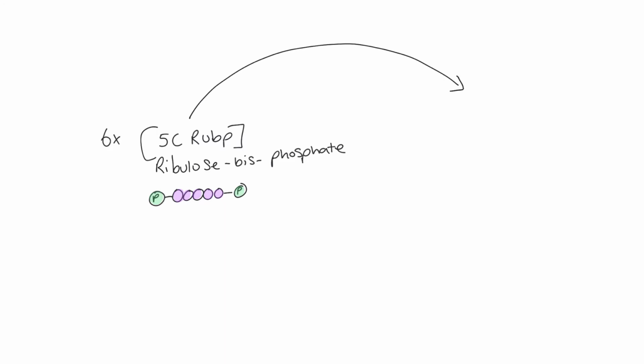So we have, and remember we're going to think in sixes because it's the only way that it will work. We've got 6 molecules of the 5-carbon compound RUBP, and these undergo a reaction with 6 carbon dioxide molecules to produce 12 molecules of the 3-carbon compound G3P, which is also known as glycerate 3-phosphate.